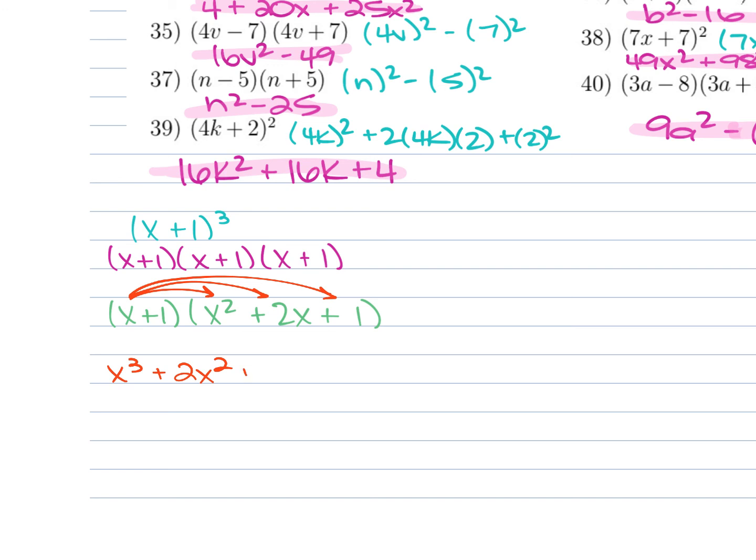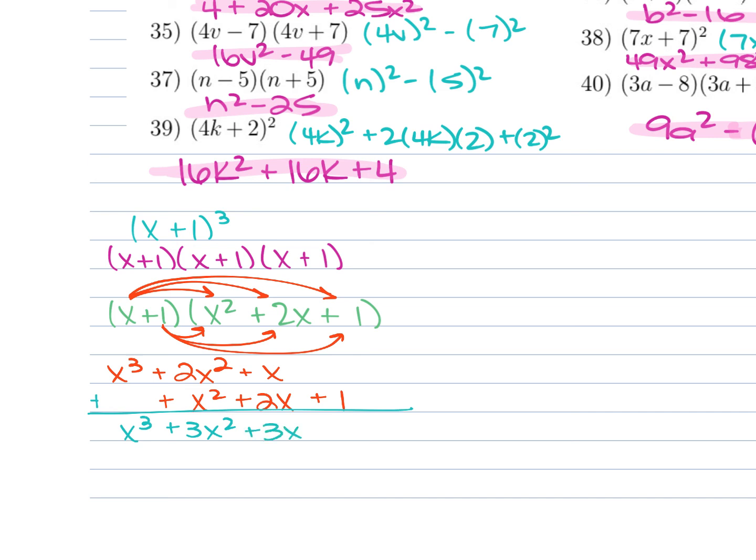X times 1 is just x. Then the 1 times x squared is positive x squared. The 1 times 2x is 2x. And the 1 times 1 is 1. So if we add our like terms here, we're just going to be left with x cubed plus 3x squared plus 3x plus 1.